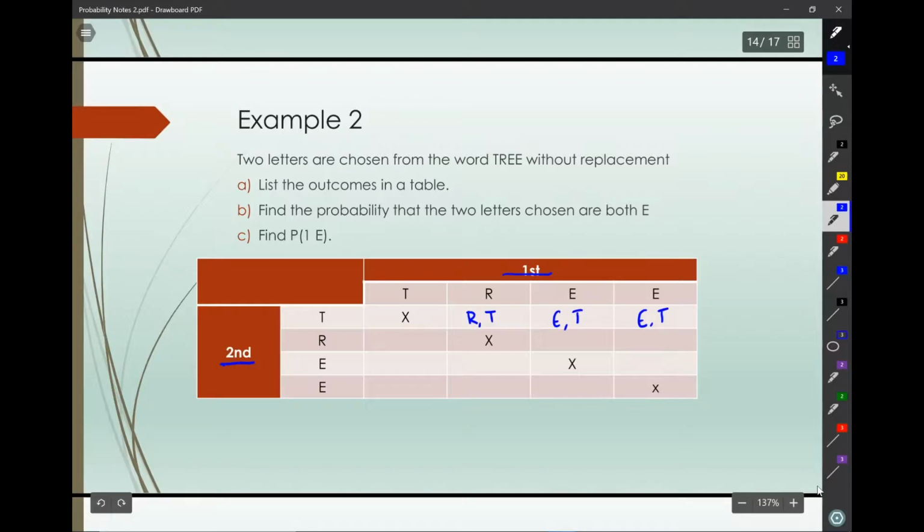The first choice is represented first, and then the second choice is represented second. So down this column, all the first choices will be T's. Across this row, all the first choices will be R. And so on.